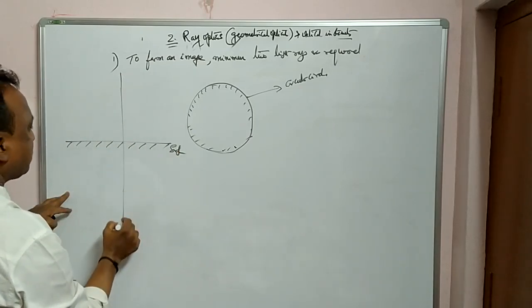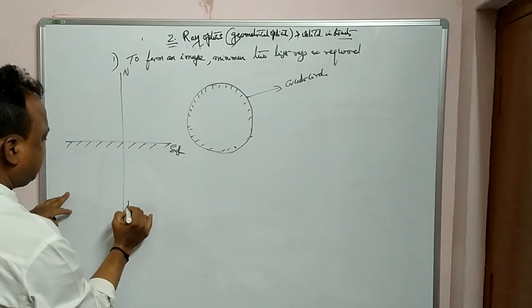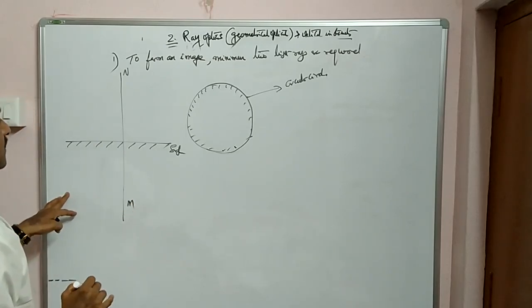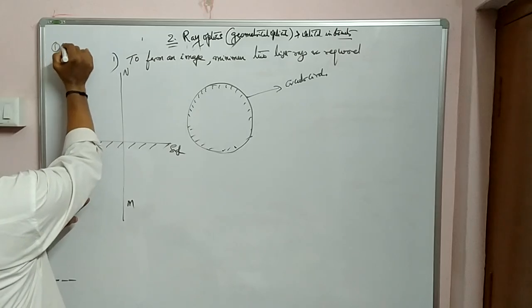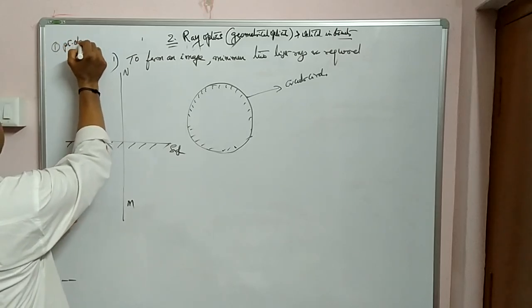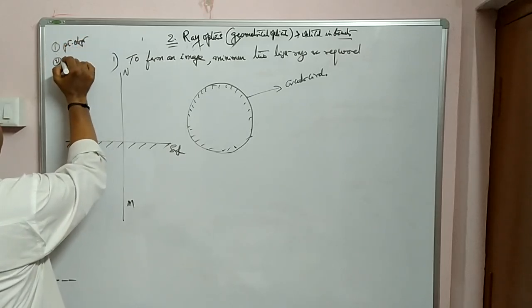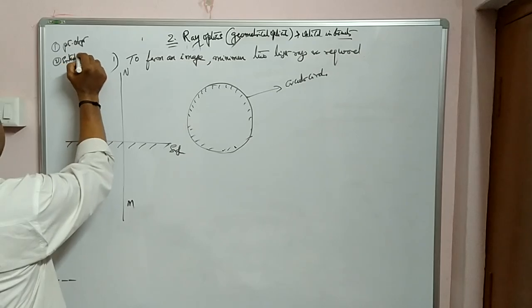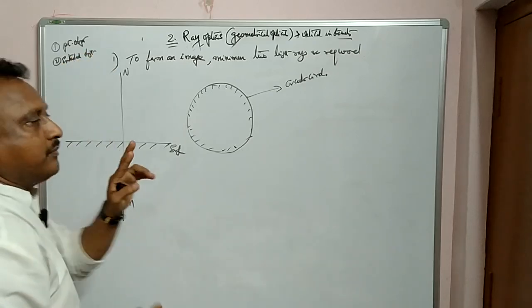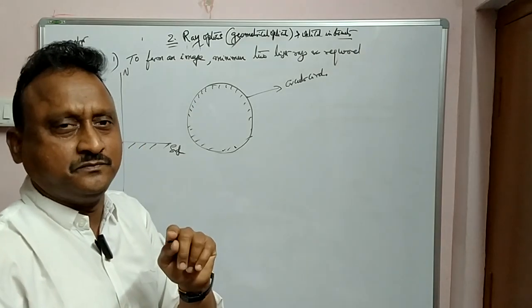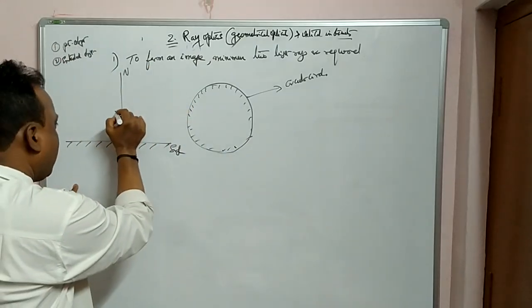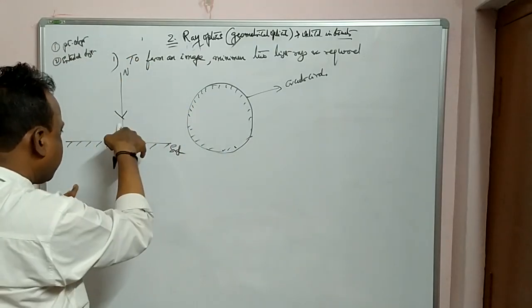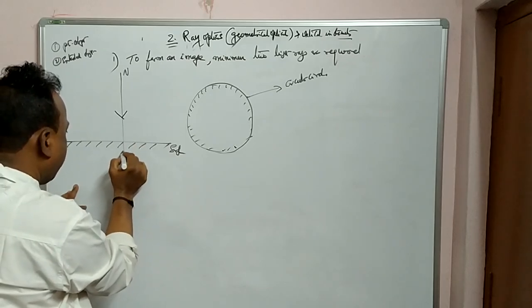And for this, as I told you, this is a normal imaginary line. So when you show any point object or extended object, minimum 2 light rays are required. One should be going through the normal incidence, and again it comes back.